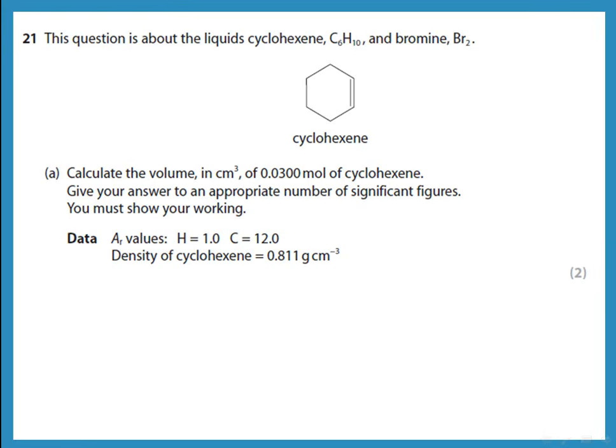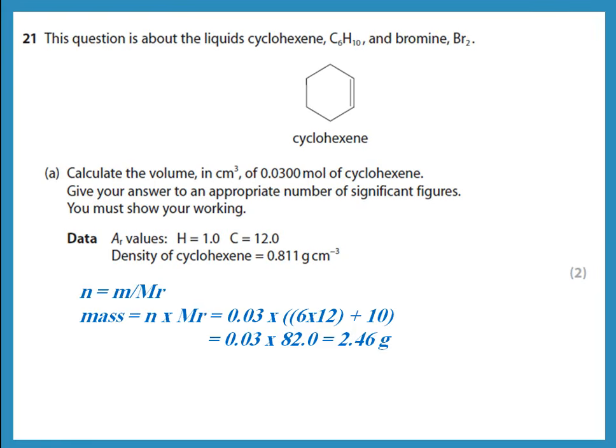How do I get the mass? I can get that from the number of moles. So if he gives me the number of moles, the mass is number of moles times Mr, so it's 0.03 times the Mr of C6H10, he already gives me the formula up there. That would be 2.46 grams. That means that my mass is 2.46.